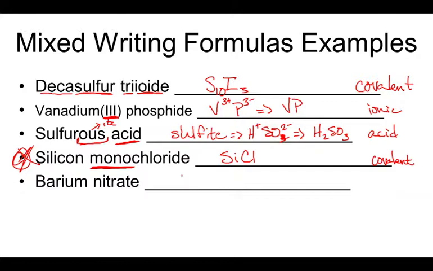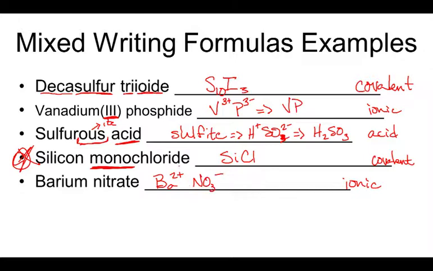Okay. And then we've got barium nitrate. Okay, so barium is a metal, nitrate is a polyatomic, so we know this is ionic. Okay, barium has a charge of 2 plus. So we've got barium, charge of 2 plus. Nitrate is NO3 minus.